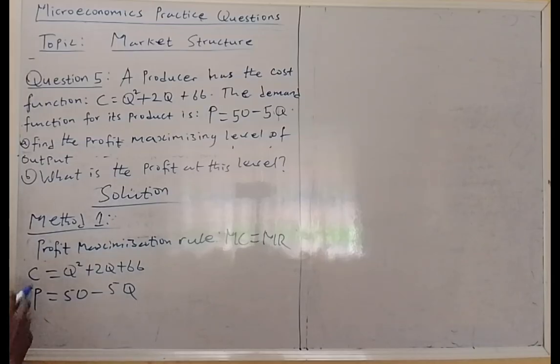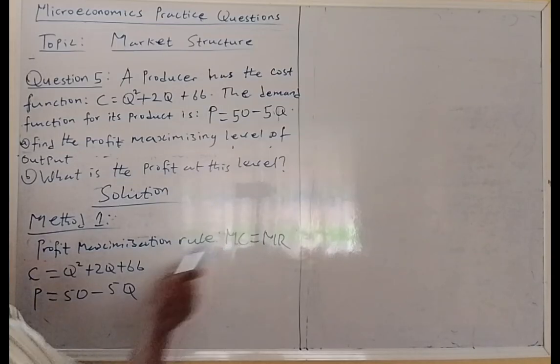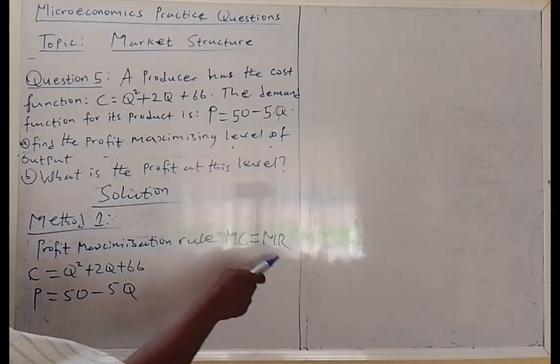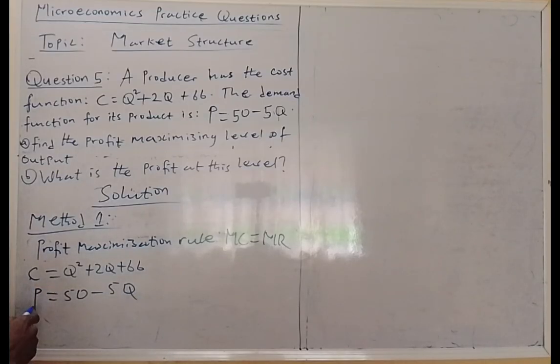We know that this is total cost, and we can easily derive our marginal cost from total cost. However, we need to have our total revenue so that we can derive marginal revenue, but we are not given total revenue. In other words, we need to first derive our total revenue using our demand function.